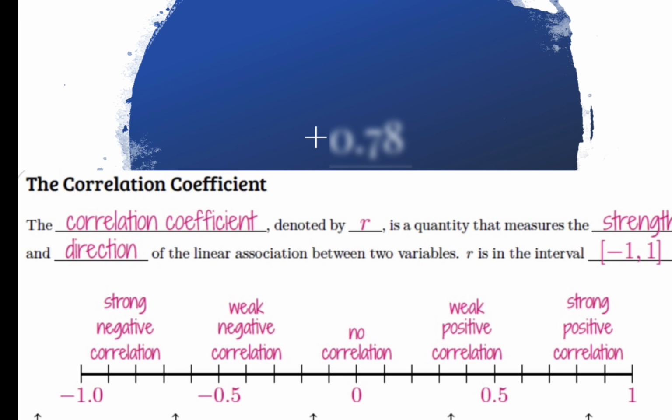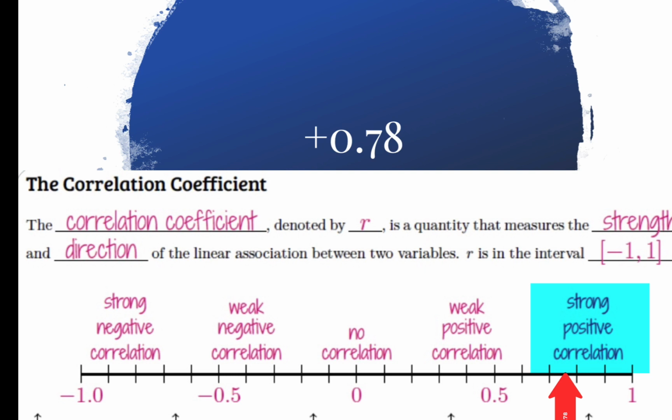So we're dealing with this side of the number line, the positive side. But this is a positive 0.78. That's a lot bigger, right? That's a lot closer to 1 than that 0.3 was. So that's going to be a moderately strong, but positive correlation.